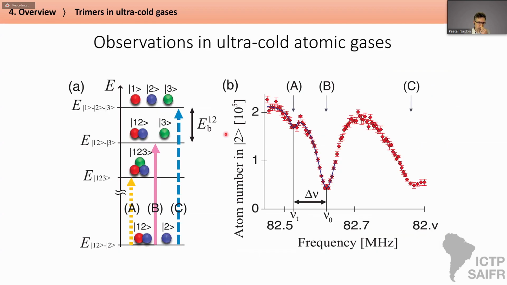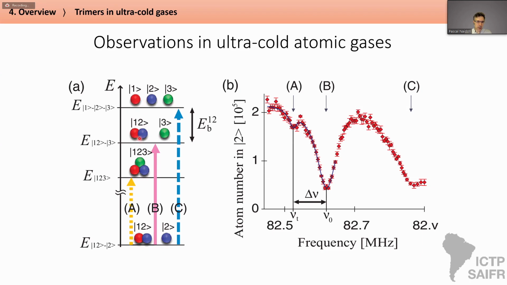As you remember, we have three different kinds of atoms corresponding to three different hyperfine states. We can label them 1, 2, 3, or red, blue, green. If we have these three different atoms, they have a particular energy, and then two of them, 1 and 2, can bind to form a dimer like this.